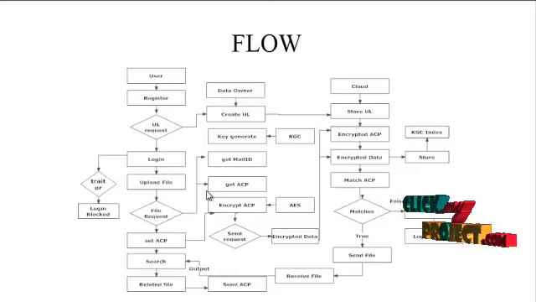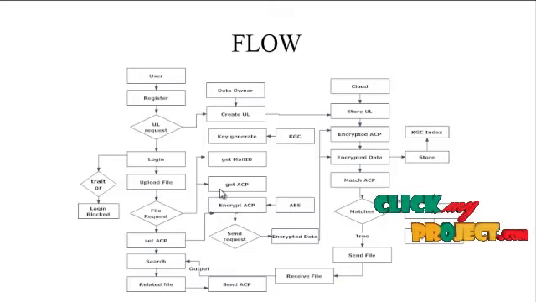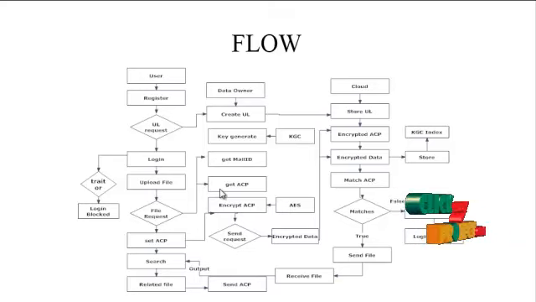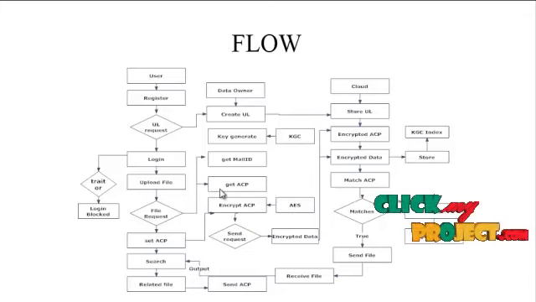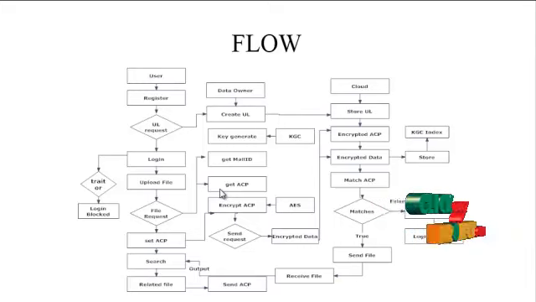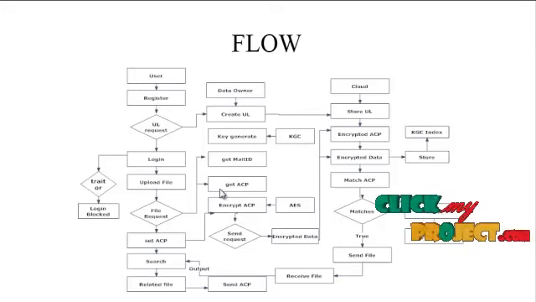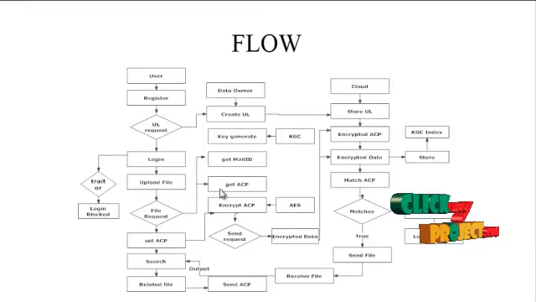Next the user will send the ACP, that is the access control policy, with their own attribute sets. If they give the attribute set as user ID, designation, and department, this information is encrypted and stored in the cloud.